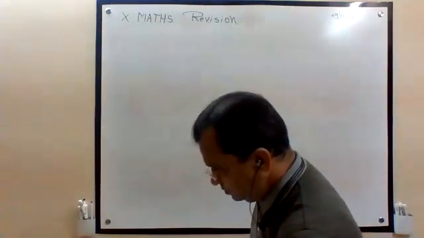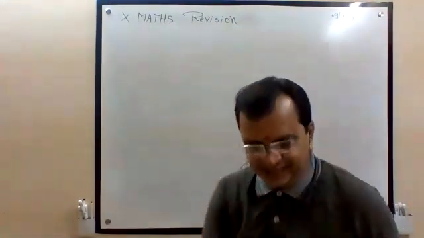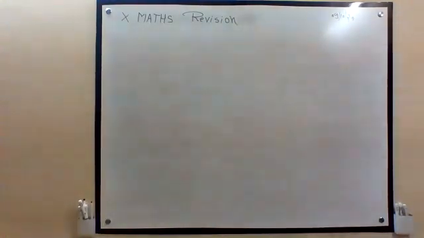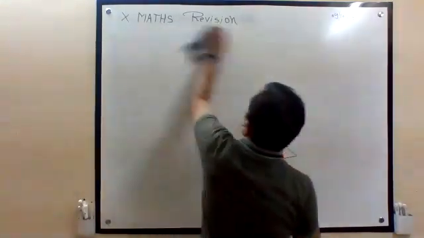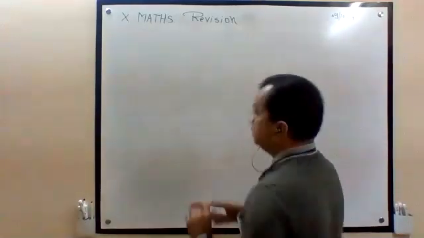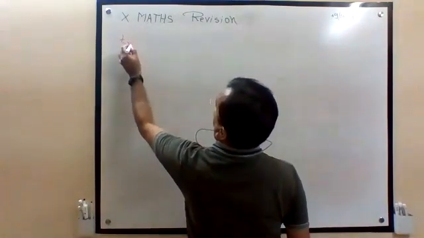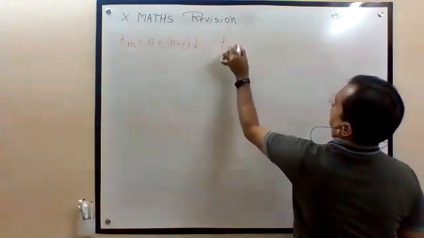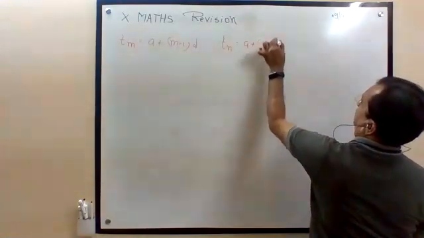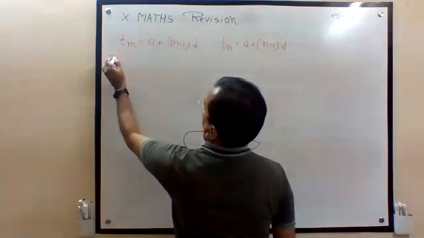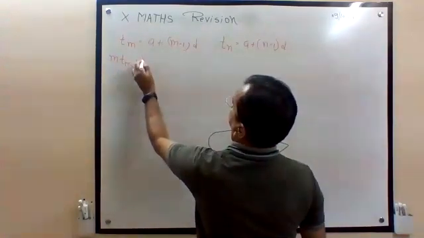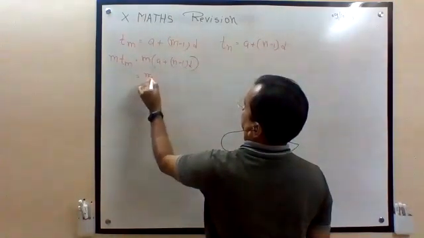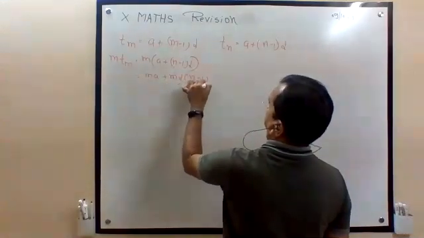Listen very carefully. m times the m-th term is equal to n times the n-th term. Tm is equal to a plus (m minus 1)d, and Tn is equal to a plus (n minus 1)d. So for m times Tm, multiply both sides by m: ma plus md(m minus 1).